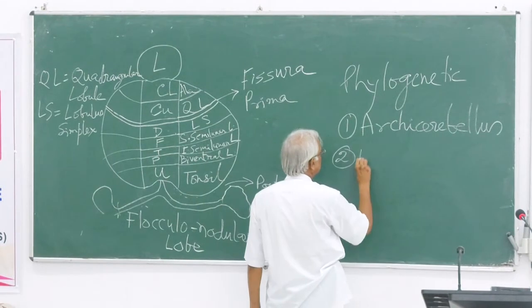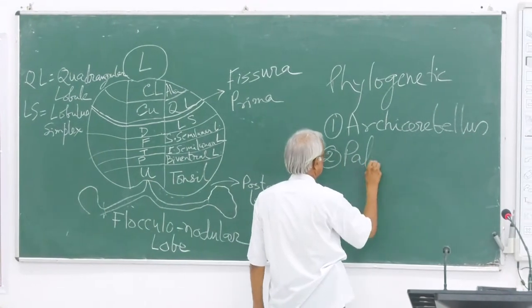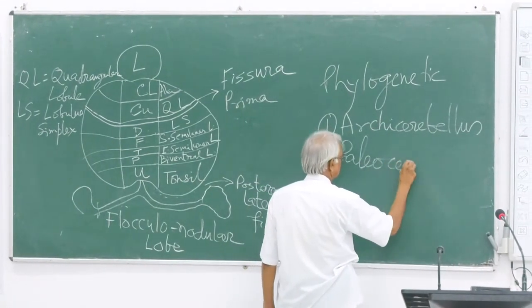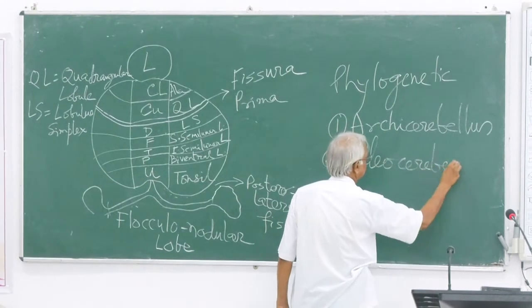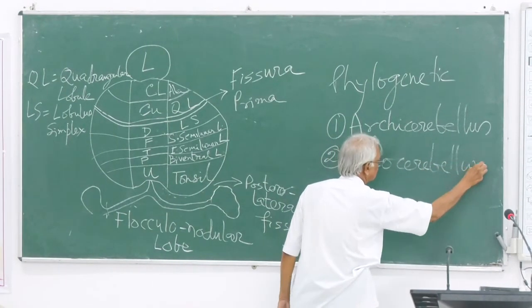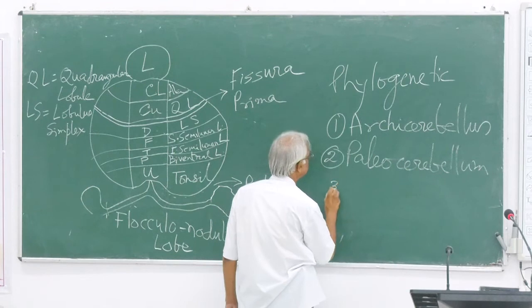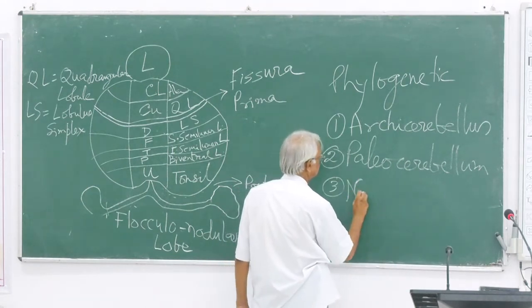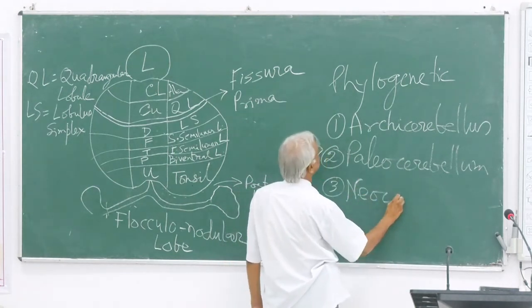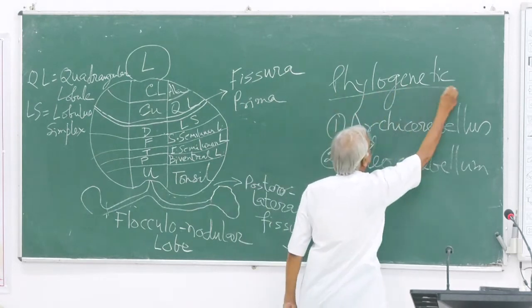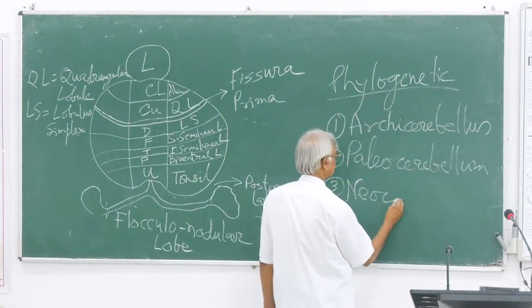Next comes the paleocerebellum. The last is called the neocerebellum. It is the phylogenetic division of the cerebellum.